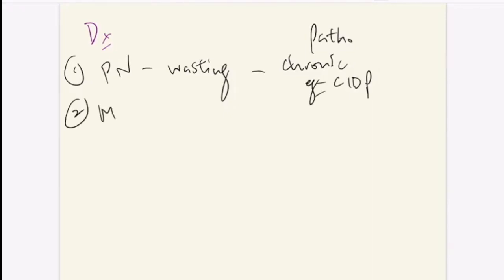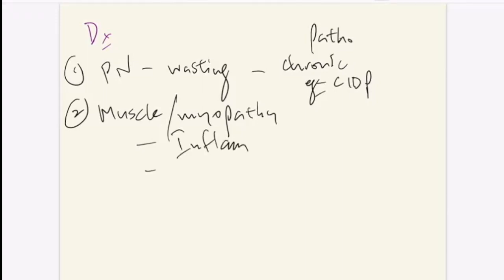If this is muscle, we call it myopathy. Remember, there are many different myopathies. The commonest myopathies are inflammatory myopathies. The second commonest myopathies are usually gene-related or dystrophic myopathy.